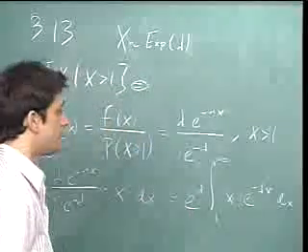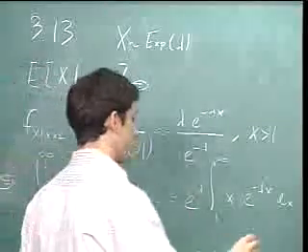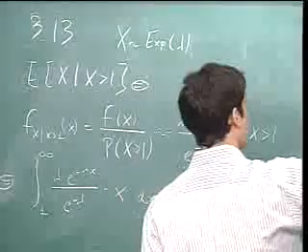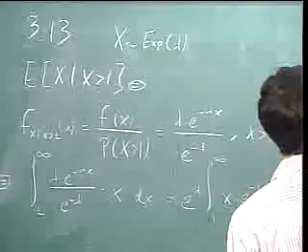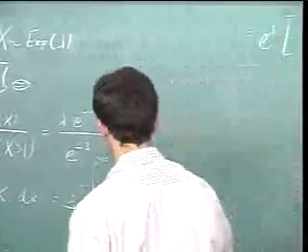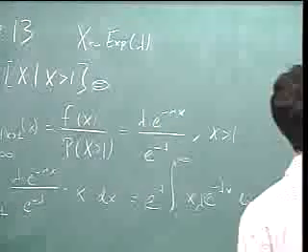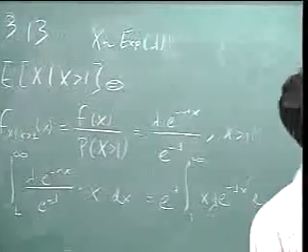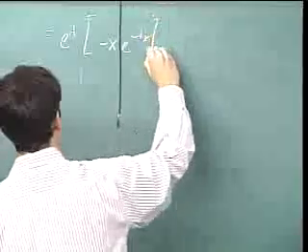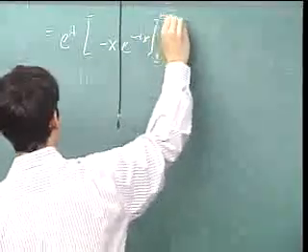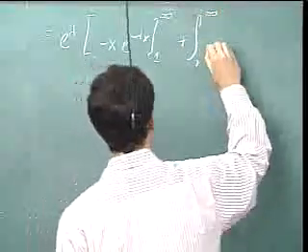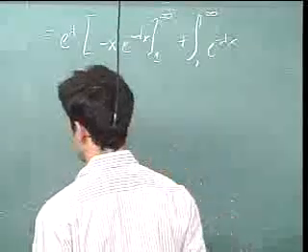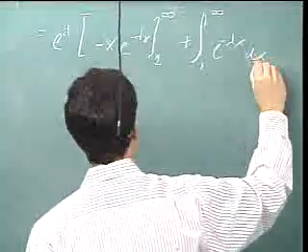So now we do simple integration by parts. We integrate this expression and differentiate that. So we get minus x times e to the minus lambda x from 1 to infinity plus the integral from 1 to infinity of e to the minus lambda x dx.